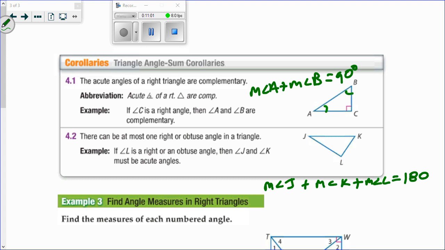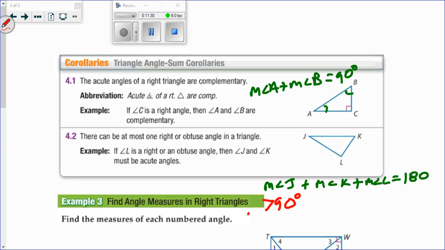If any piece of this is 90 degrees or more, let's say measure of angle J, just for argument's sake, is greater than 90 degrees. Of course, it doesn't look to be, but for argument's sake, let's say that's greater than 90 degrees.